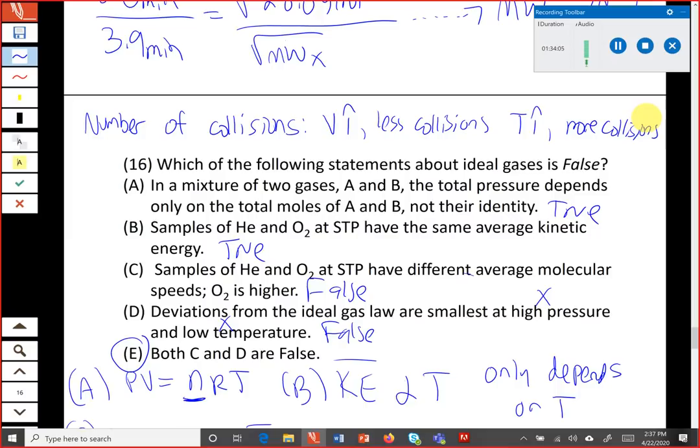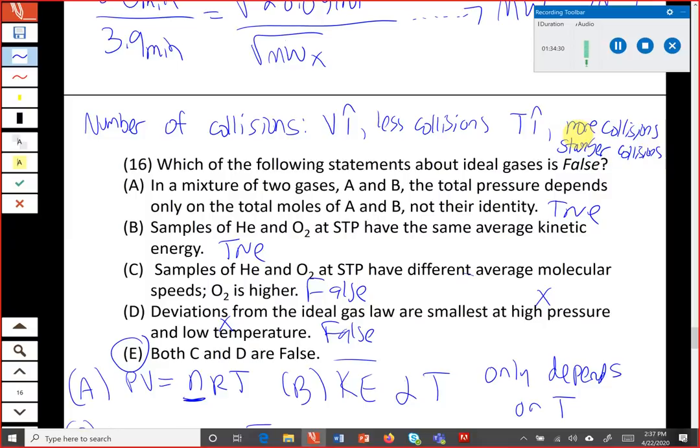So for a lot of these concepts dealing with kinetic molecular theory, it is important to think about how many collisions the gas molecules have with the walls of the container and with each other on average. Also how strong these collisions are. The strength of the collision is going to be influenced only by the temperature. So if you increase the temperature and all else is the same, you'll also have stronger collisions.